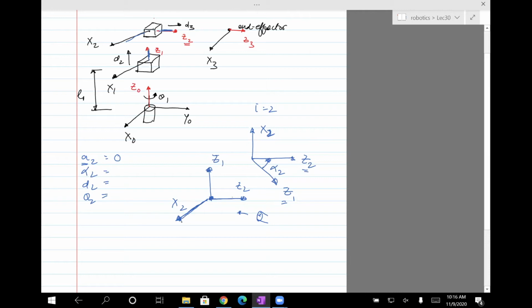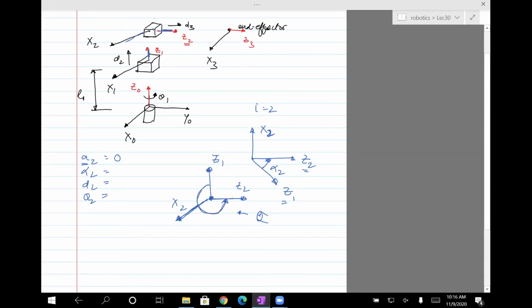Okay, so for a second, and I'm not able to do this because you cannot see me physically doing this, but take your right hand and curl your fingers from Z1 to Z2, while keeping your thumb pointing along X2. If you're doing that right, then you will see that you are curling your fingers this way.